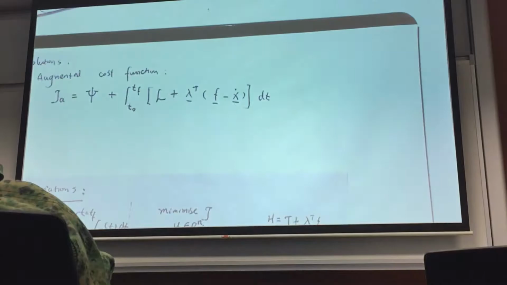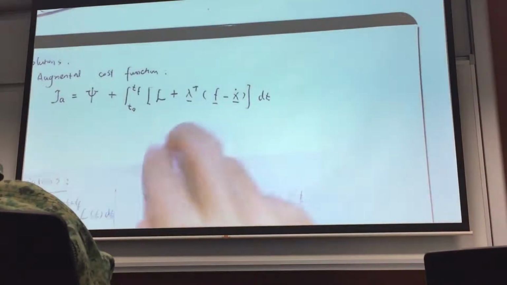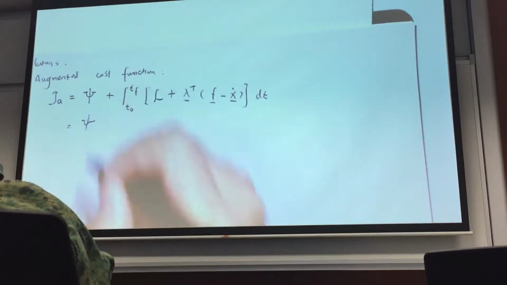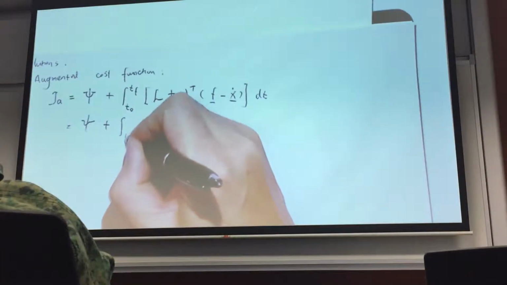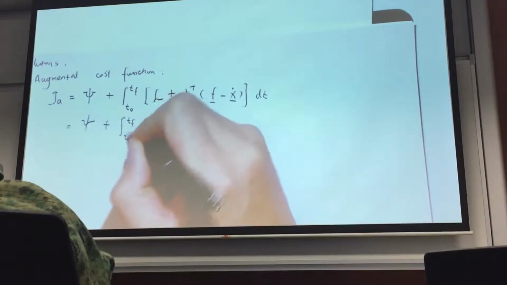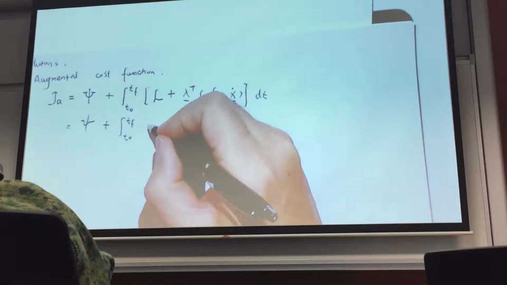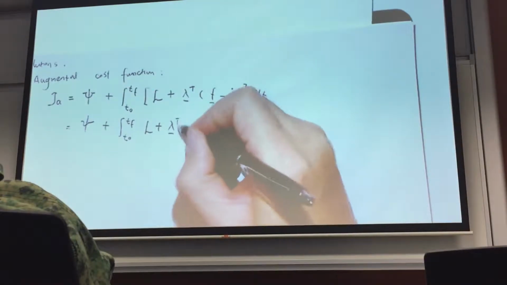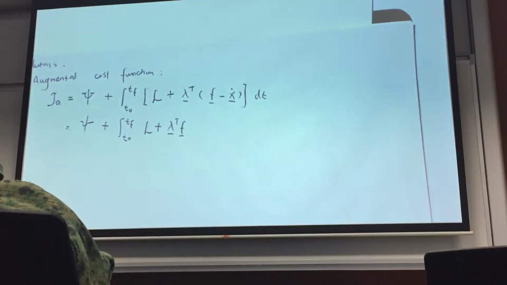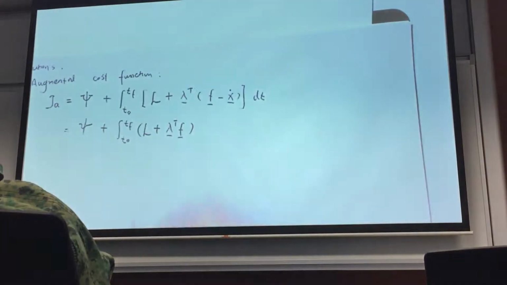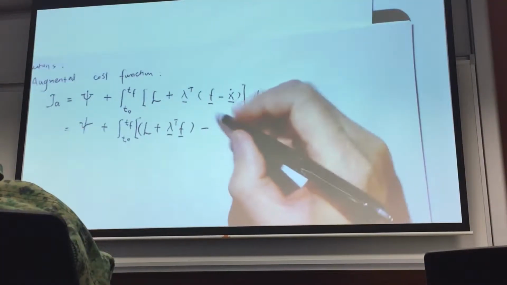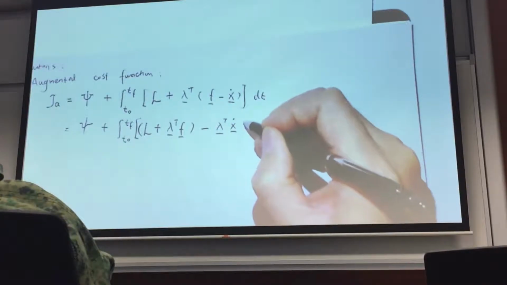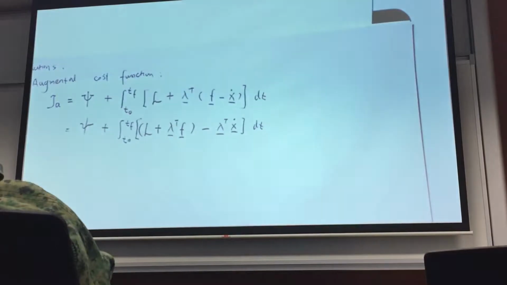So it's similar to our technique here. We have this equal to this term plus an integration from T0 to Tf of L plus lambda transpose f, minus lambda transpose x dot, dt.